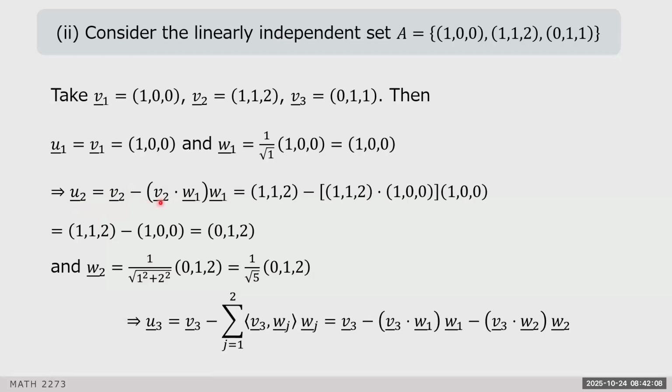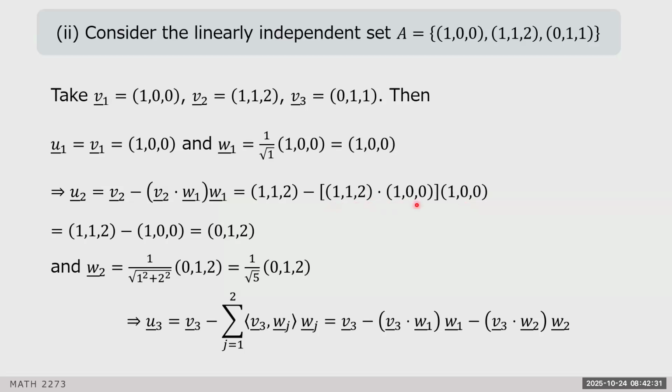We are in R cube, so the inner product is just the usual dot product. So this is v2 dot w1, and we multiply that number by w1. So this is v2, 1, 1, 2, minus v2 dot w1 multiplied by w1.